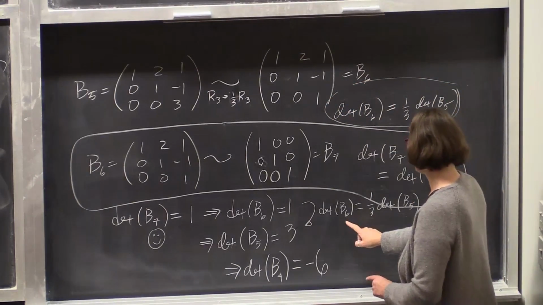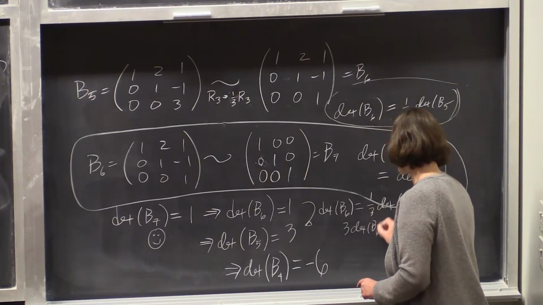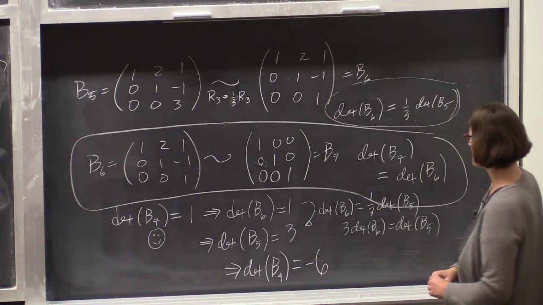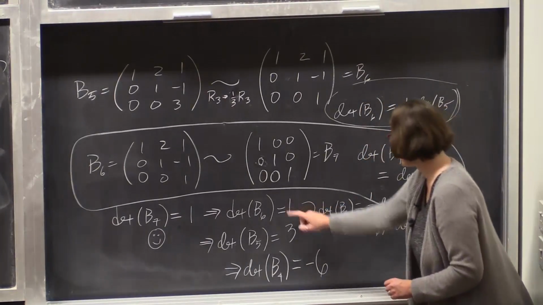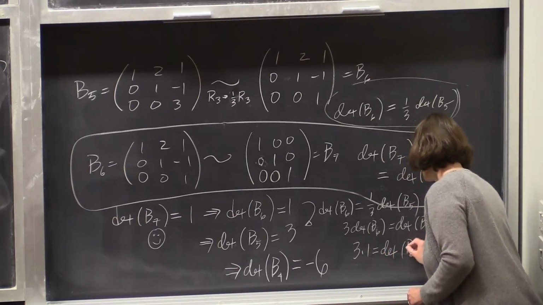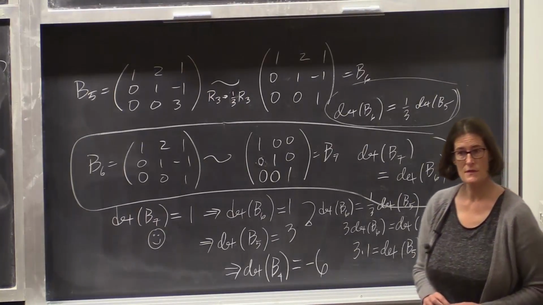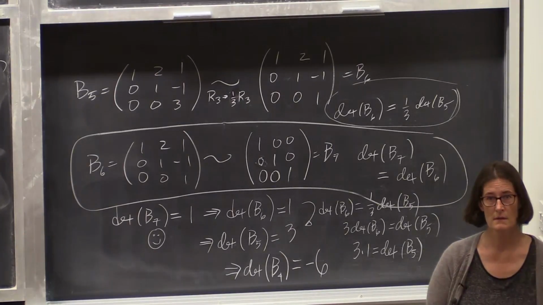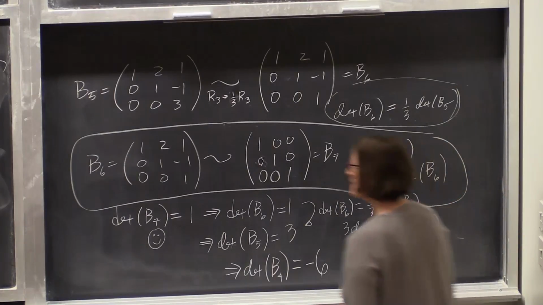That tells me that 3 times determinant B6 is equal to determinant B5. I know that determinant B6 is equal to 1, so I have 3 times 1 is determinant B5. Are there other questions? OK.